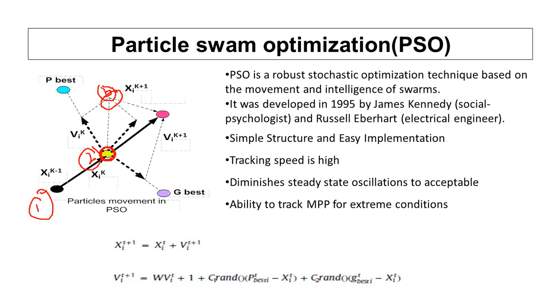To arrive at this position, this yellow particle has to take the reference of the previous velocity, meaning the velocity from 1 to 2, and the velocity to be generated by this particular particle. This is the velocity Vi of k, and this is Vi of k plus 1. These two give the net velocity, and it has to go to this particular position.